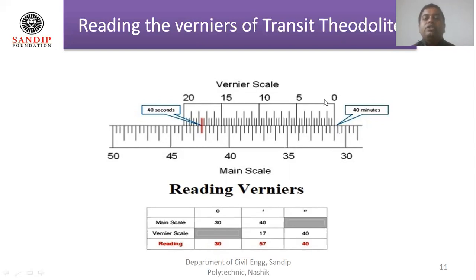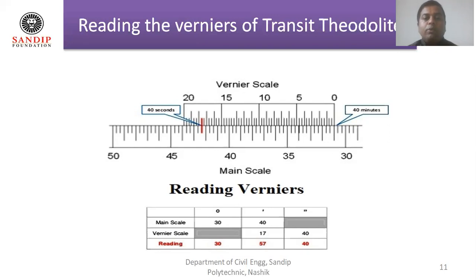Okay. Now this 0 is ahead of this 40-minute line. See, 30 degree and 40 minute, ahead of this 40-minute line. Now by how much amount it is ahead of 30 degree 40 minute, that we have to read on the vernier scale.